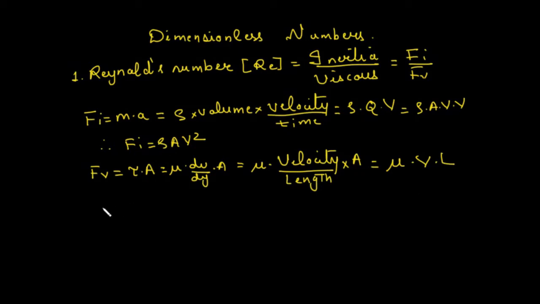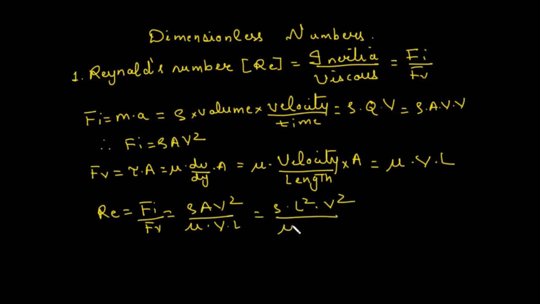So if we take the Reynolds number, Re will be equal to Fi by Fv is equal to rho A V square upon mu into V into L. Again area can be written as L square, so rho into L square into V square upon mu into V into L. So we are left with rho V L upon mu.